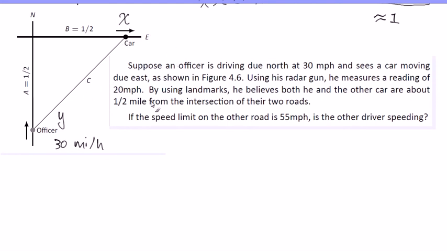Here, they said the reading is 20 miles per hour. They didn't put a positive sign there, but it is actually a sign-sensitive number. The reading is positive means the c is actually increasing, right? Maybe this guy, the officer, is moving so fast, and this guy is moving relatively short. Think about the situation where they were like this.